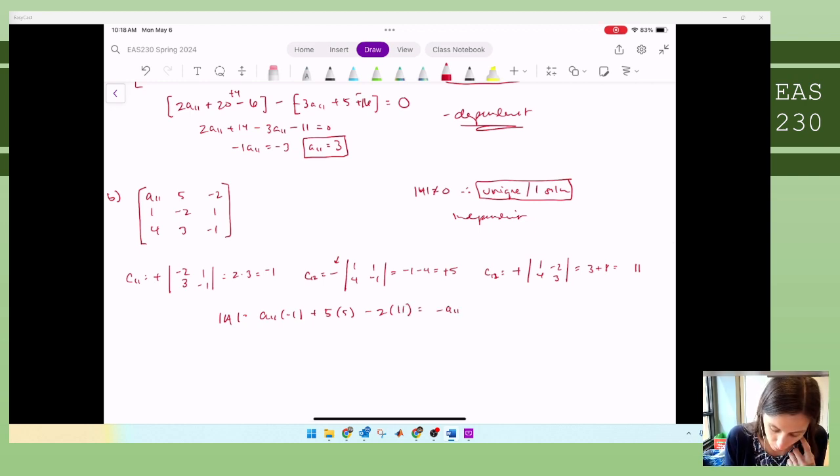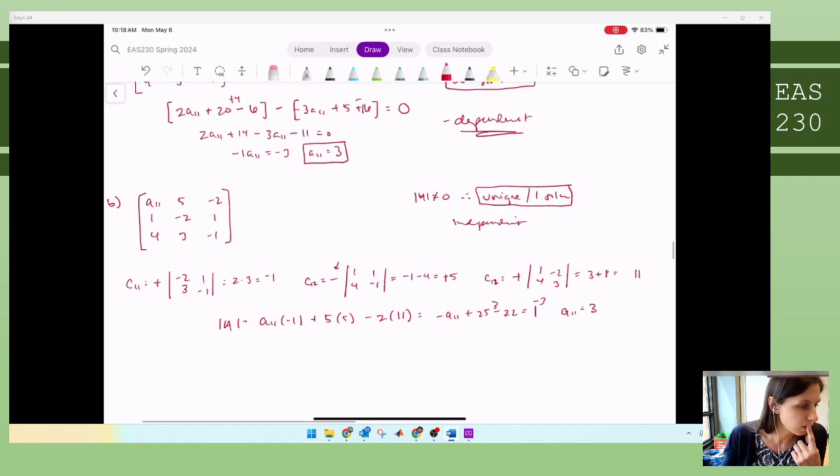So negative A11 plus 25 minus 22 equals 1, which means A11 equals... no, I forgot this one here. 1 minus 3 is negative 2. There we go. A11 is 2.